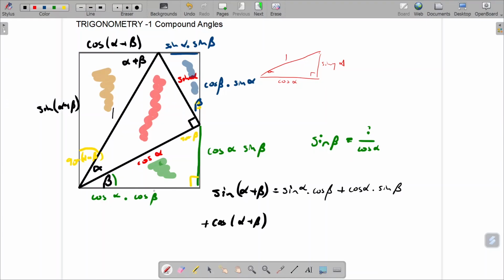So plus sine alpha sine beta would equal cos alpha cos beta. It must follow that cos of alpha plus beta would equal the difference between these two products.